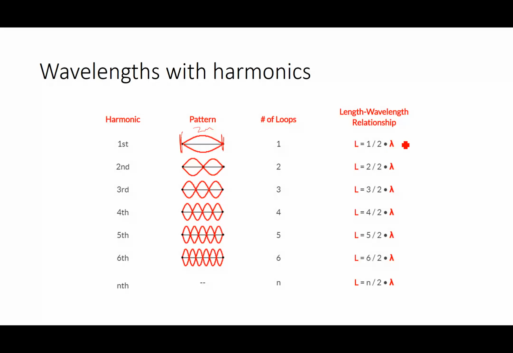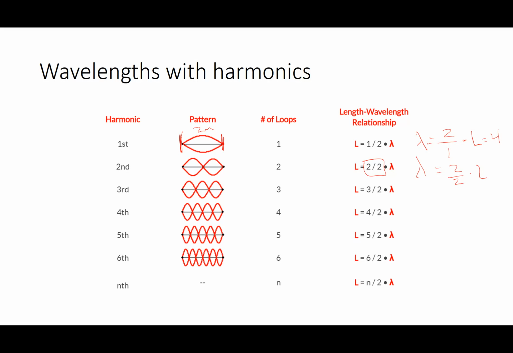So if the length of the tube is equal to half lambda, then lambda is equal to 2 divided by 1 times the length of the tube. So if the length of the tube is 2 meters, 2 times 2 equals 4. Second harmonic, easy. Because I have one full wavelength in there, 2 over 2 just becomes 1. So lambda equals 2 divided by 2 times L, which is also 2 meters.